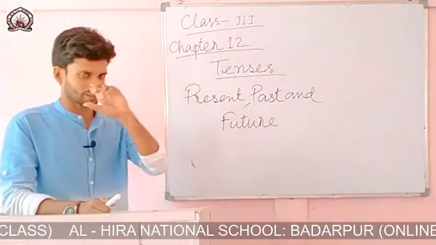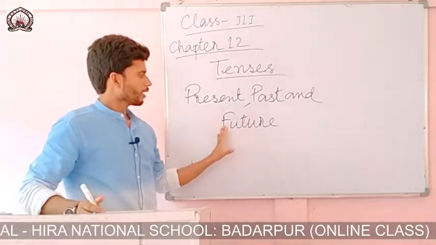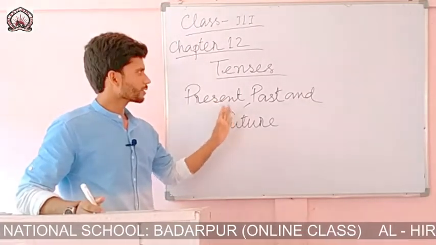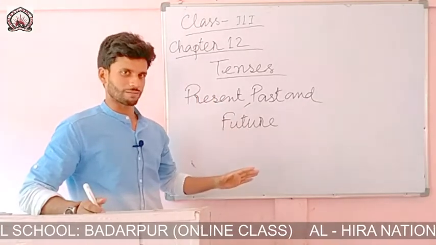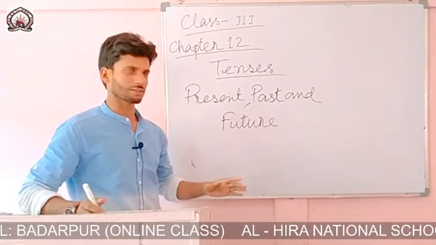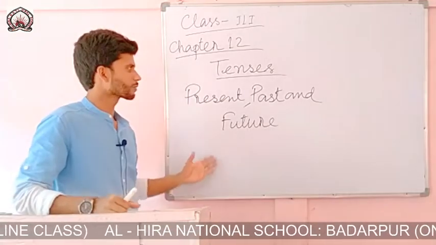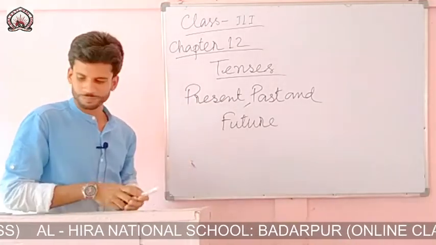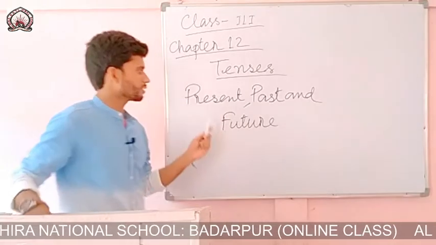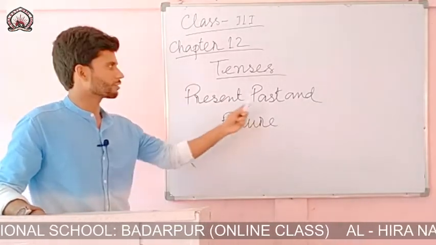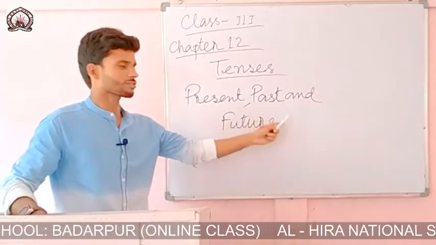These are the three tenses. So what I said, that the tense of a verb tells us when an action is done or when an action takes place. This is what we understand by tense. These are the three types or kinds of tenses: present, past, and future.